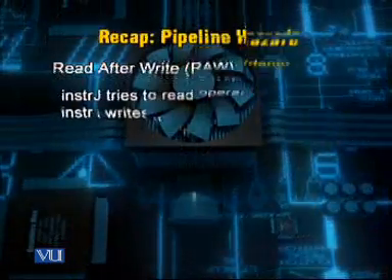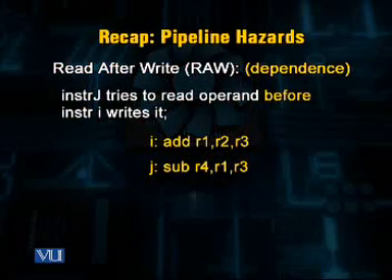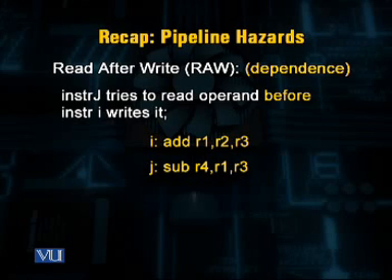The first scenario is known as read after write. The read after write hazard is one when instruction J tries to read an operand before instruction I writes it to the register or to the memory.